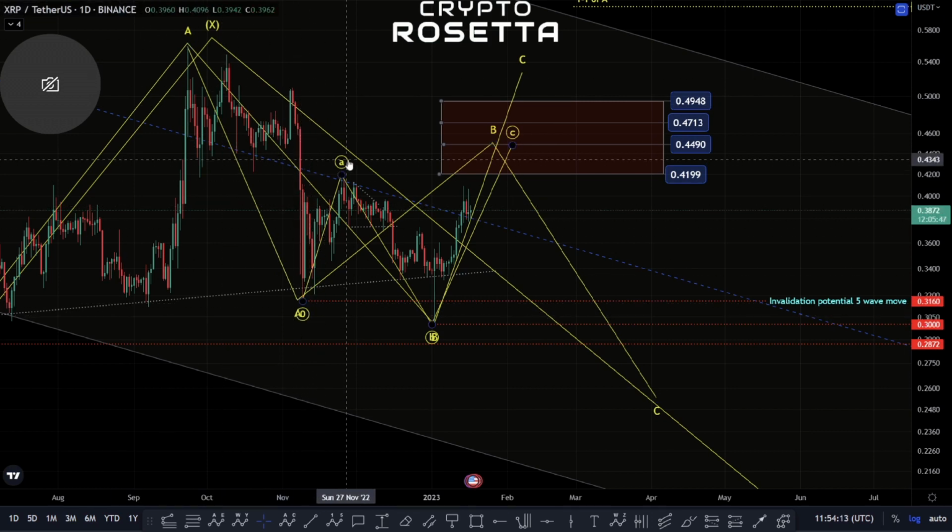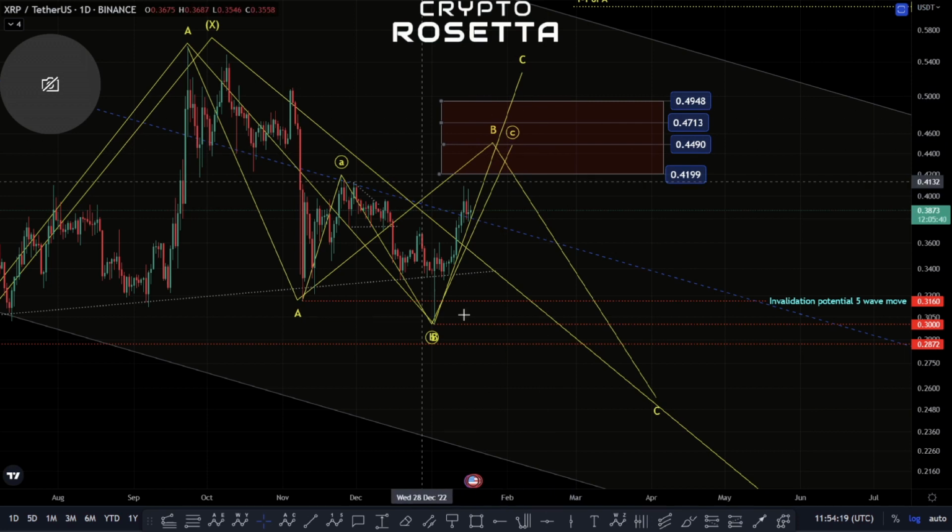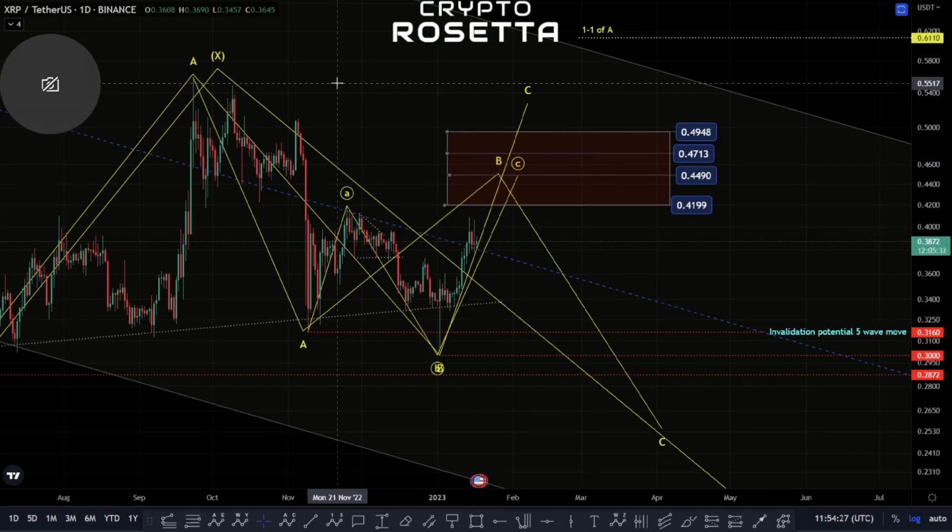This is an A to the upside, a B to the downside, and then looking for a 5-wave move to play out here for the C wave. So this is why I'm saying, even if we do get a 5-wave move here, I won't be 100% convinced until we actually get that breakdown, or we actually start to move up above some of these high points.